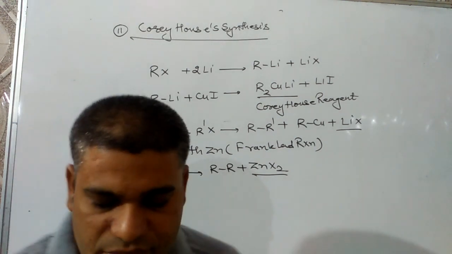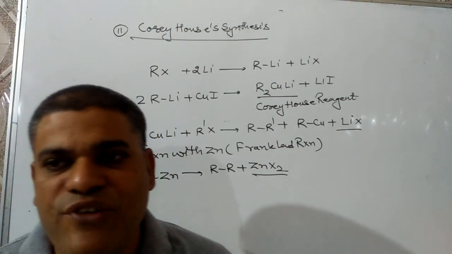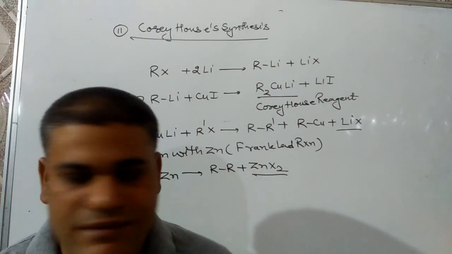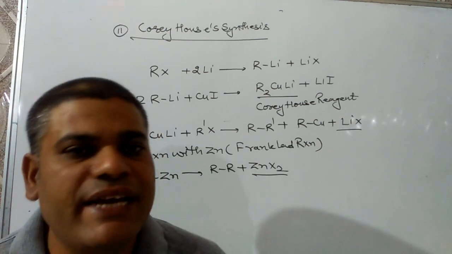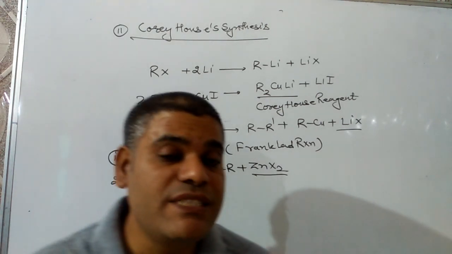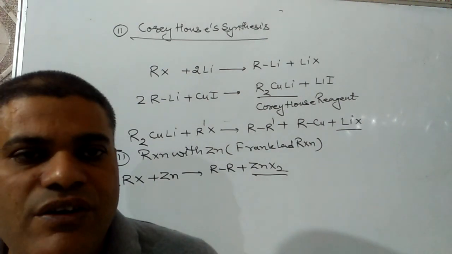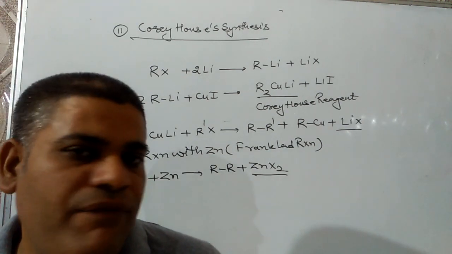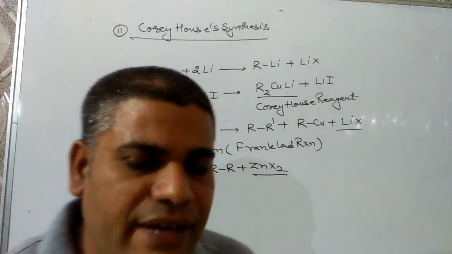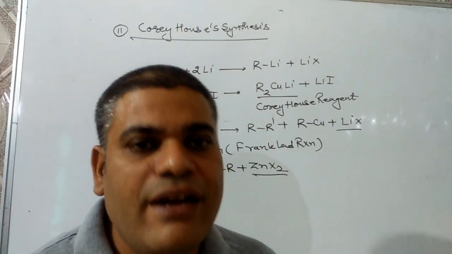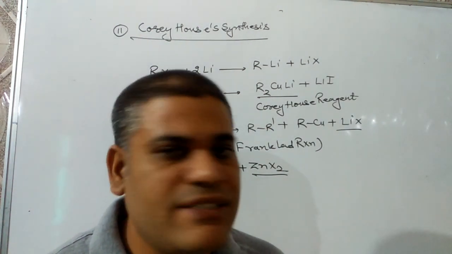Now, I am going to discuss a very important reaction, and that is the reaction with magnesium metal, due to which an organometallic compound RMgX is formed, which is very important for organic conversions, and that reagent is known as Grignard reagent. I will discuss all the reactions of that.